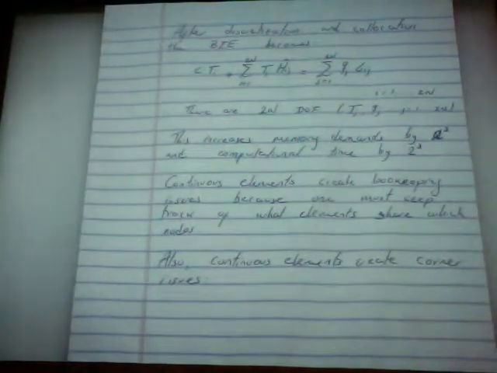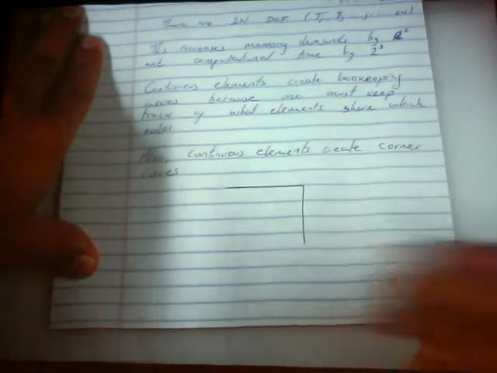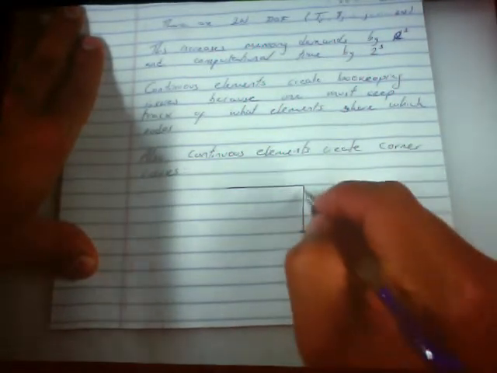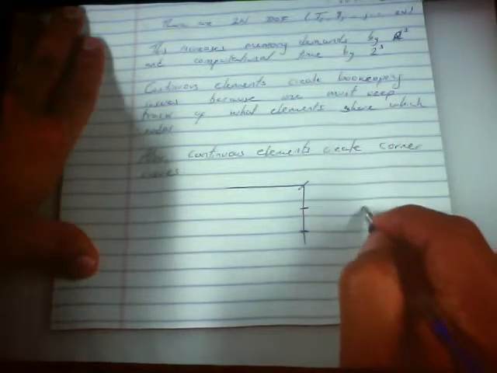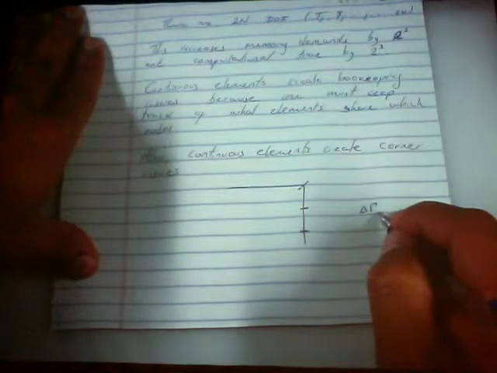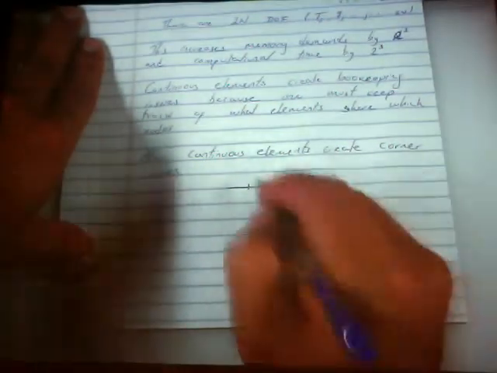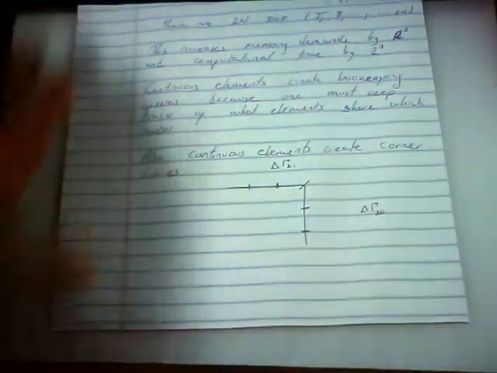And what is a corner issue? Well, let's say that you're on a corner. Let's say that you have a 90-degree corner, for instance, and then you have an element here. So let's say that this is element delta gamma 20, and this will be element delta gamma 21. Okay?